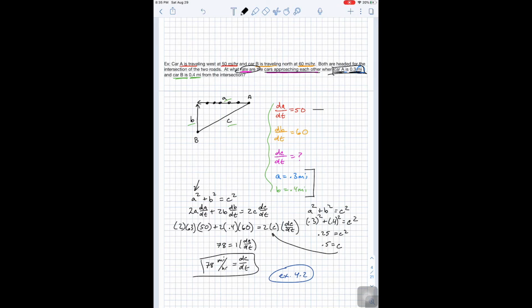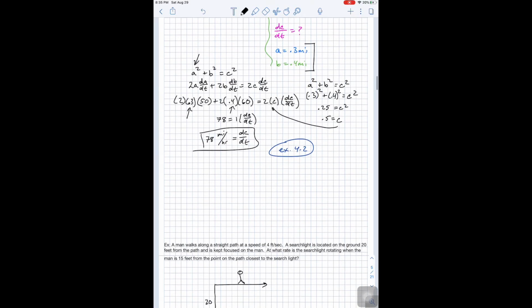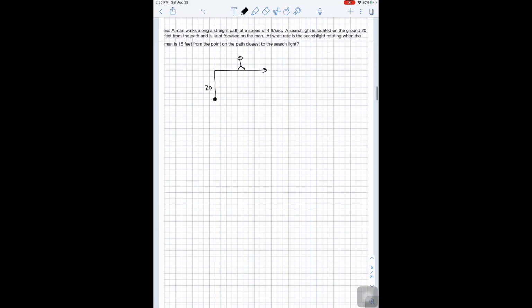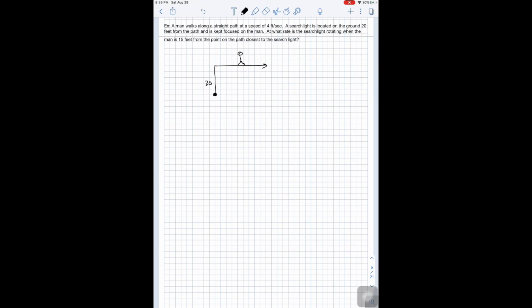I'm looking for a rate at a specific moment, and so that's why you plug these values in after you take the derivative. Whereas in this situation, the light is actually not moving. It's static 20 feet from the pathway, and so you can actually label that 20 from the get-go.